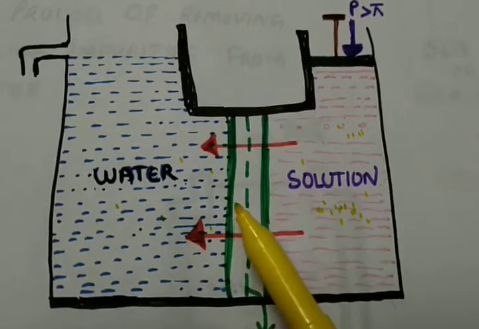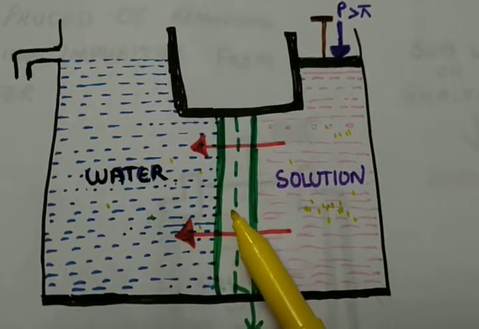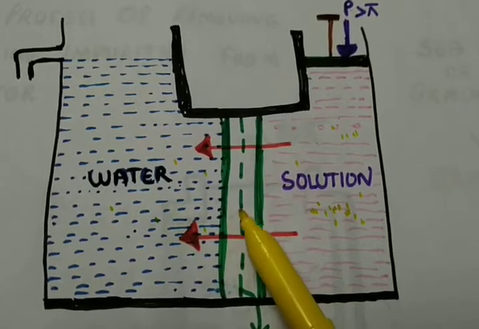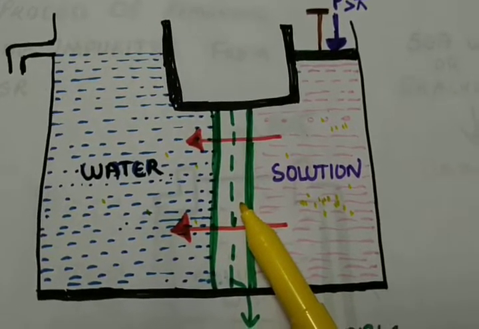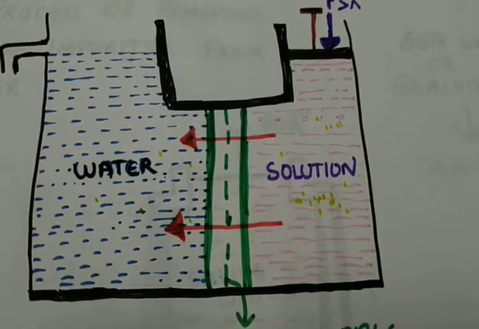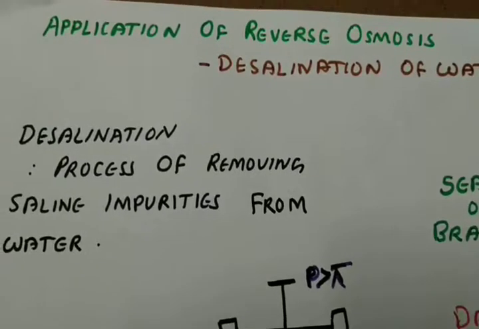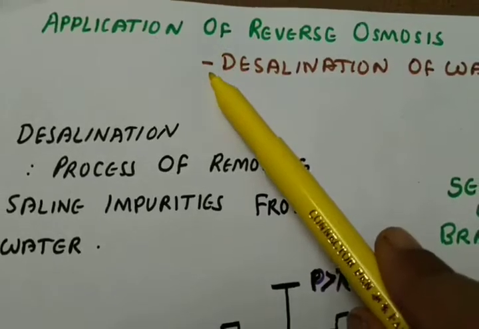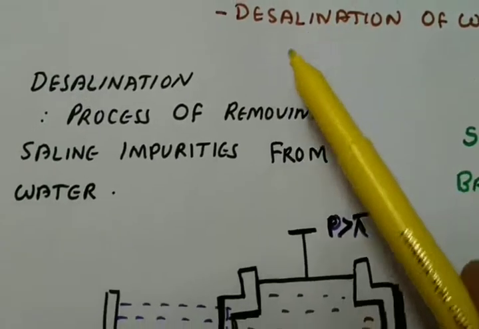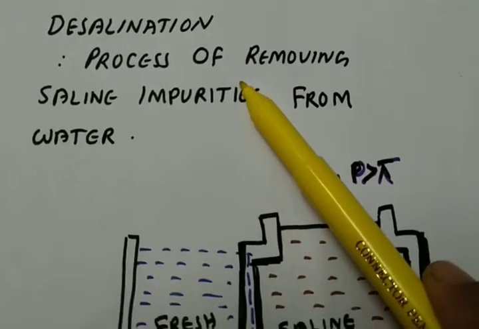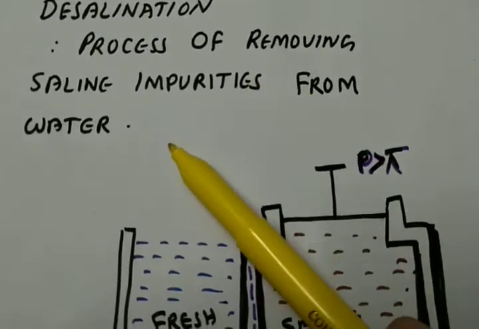An important application of reverse osmosis is now being used for the desalination of seawater to get potable water. Desalination means the process of removing saline impurities from water.